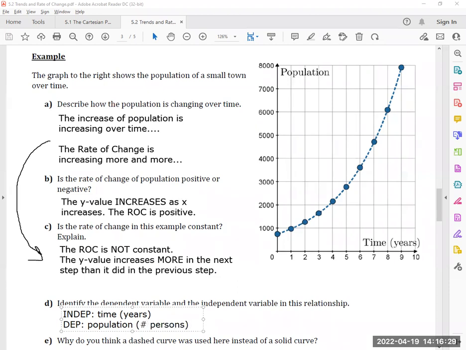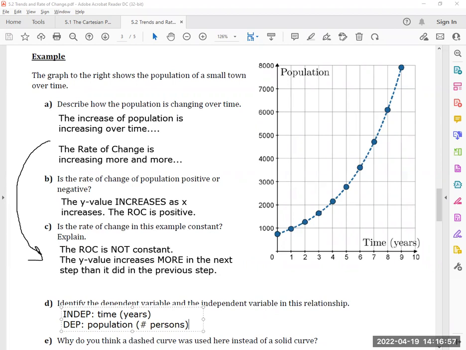So, why do you think it's more appropriate to draw a dashed curve, aka to predict, not to actually draw a solid line, which suggests exact values? Anyone? I'm gonna wait.